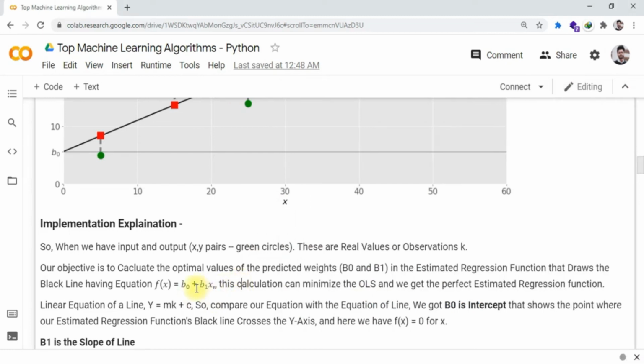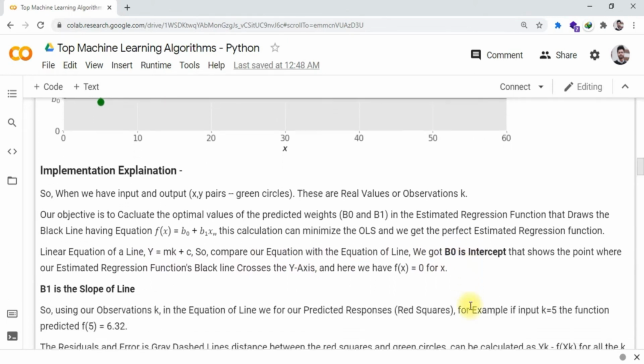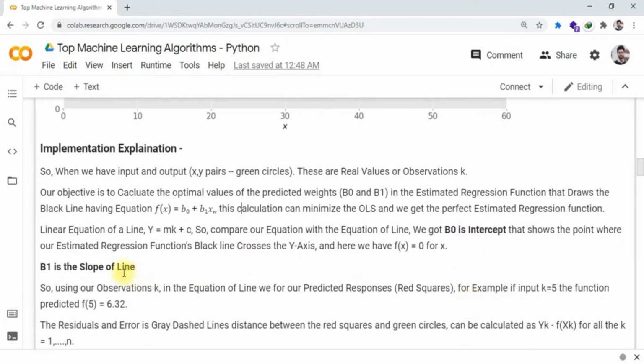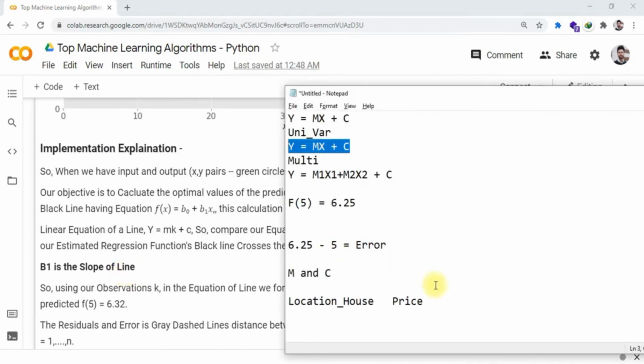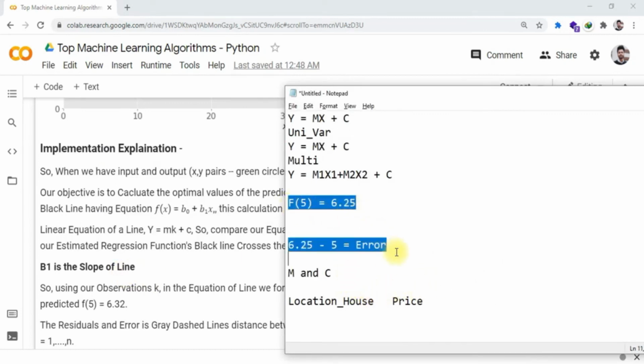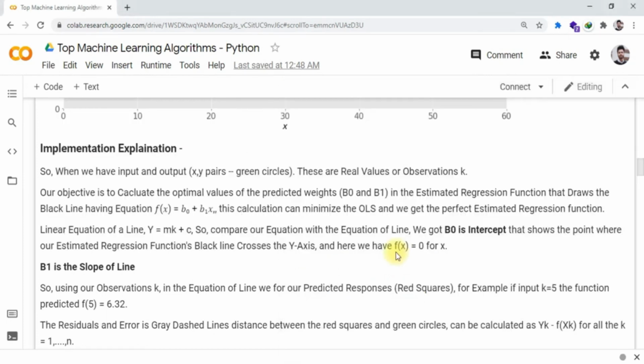So the calculation is to minimize the residual error so that we can get the perfect estimated regression function. To go for that, we start with the equation of a line, and we get our b0 called the intercept and b1 called the slope. With the help of those, we can easily get our function of the line and the residual errors.